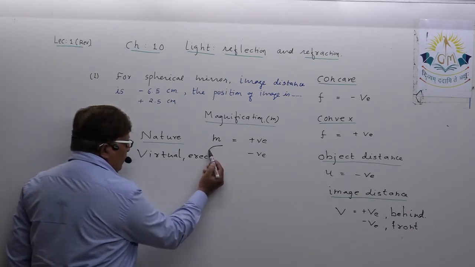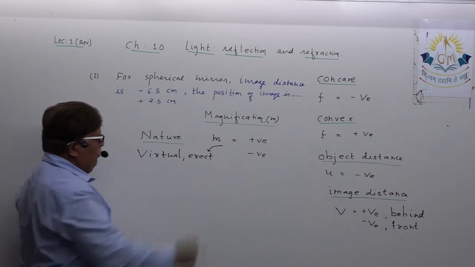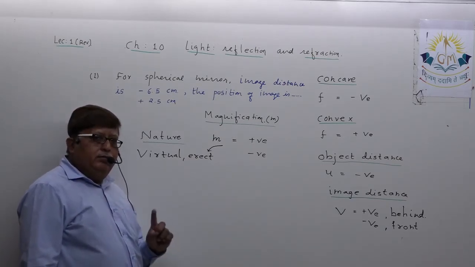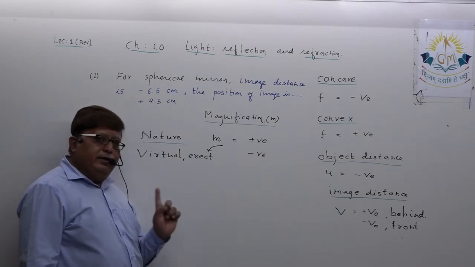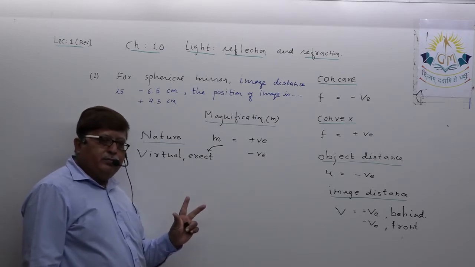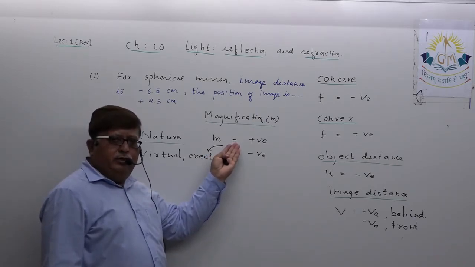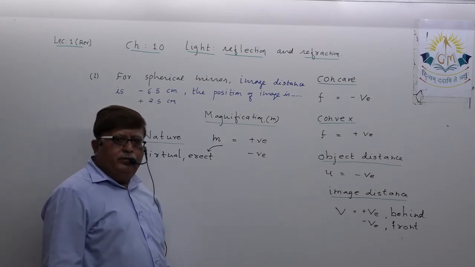Magnification positive means image is virtual and erect. This is fixed. Any MCQ can be designed if I give any value of magnification.